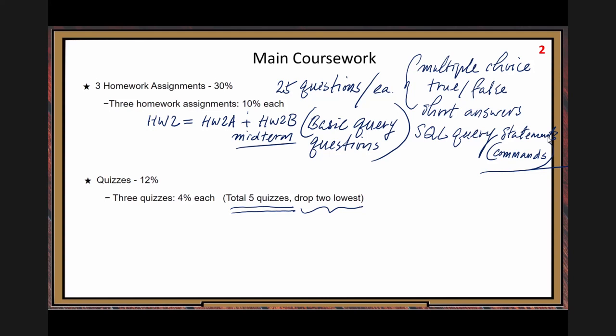Even 2 bad scores, you can drop them. So we will use the top 3 quiz scores, 3 times 4, so you get 12% for the quiz part.